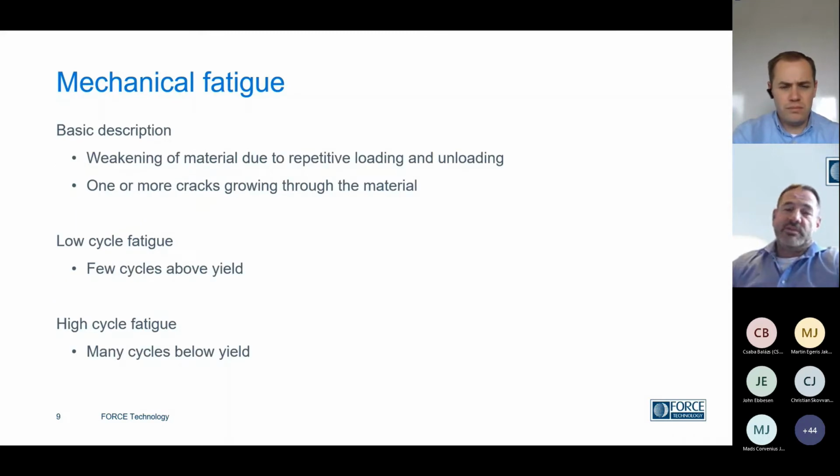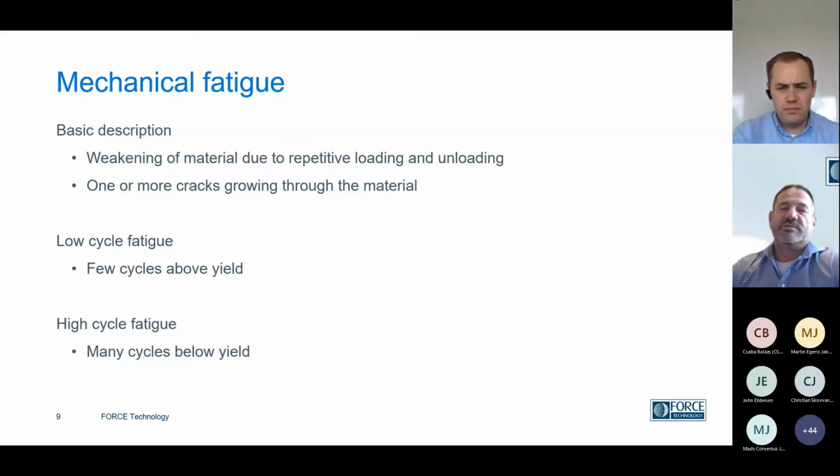Now, the basic description of fatigue is that it's the weakening of the material due to loading and unloading. What we know now is that it's the growing of cracks through the material that then creates the fatigue damage.